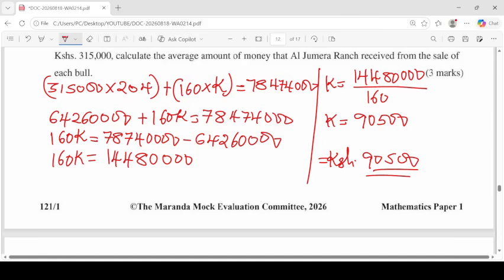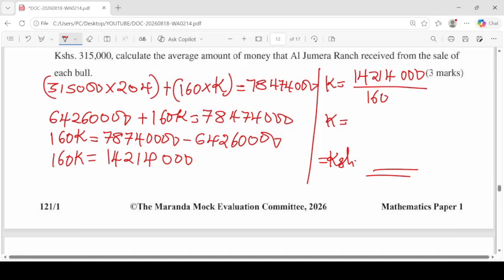This should give you 14,214,000. Let us see. I think I just messed slightly there, but it's something correctable.